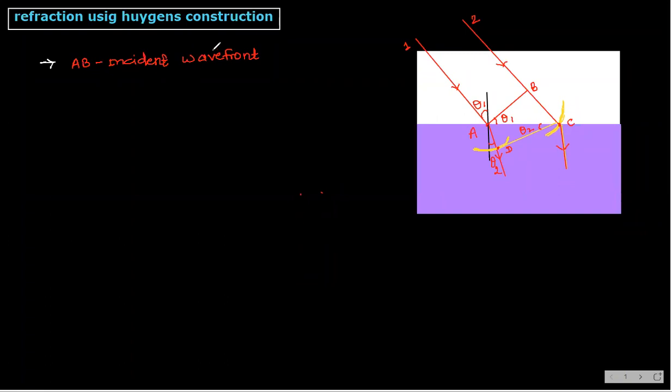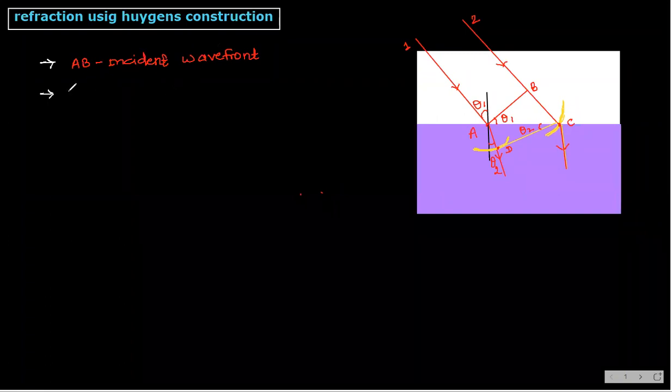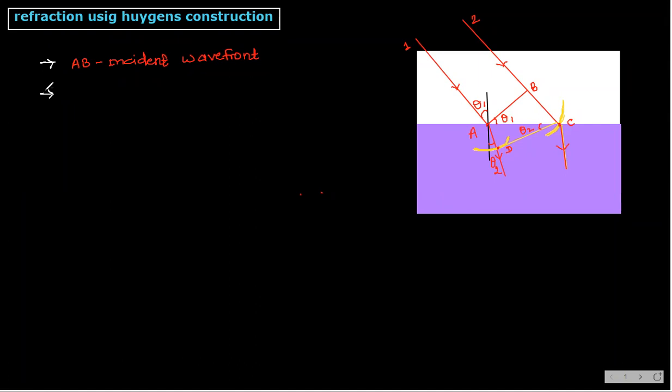We are having two wavelets, we can say. See, what are those wavelets? Wavelet A towards D and B towards C. These are the two wavelets.